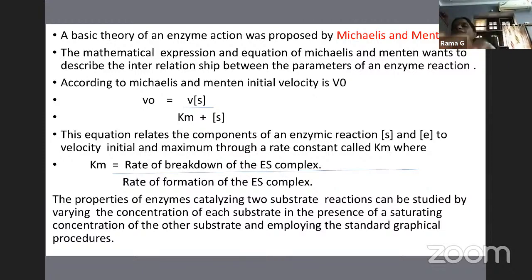So the ratio between these two gives the Km. And the properties of enzymes catalyzing two substrate reactions can be studied by varying the concentration of each substrate in the presence of a saturating concentration of the other substrate and employing the standard graphical procedures.